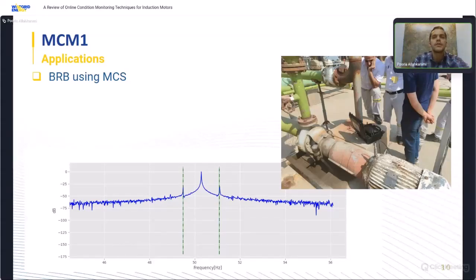This figure shows a motor under test with a broken rotor bar fault, with peaks on the sides around the fundamental power frequency.